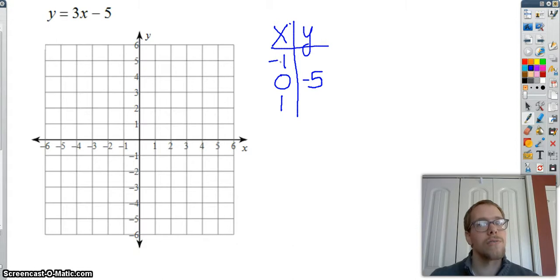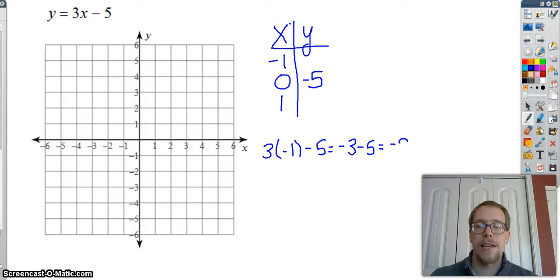So let me substitute -1 into this expression here. So 3 times -1 minus 5, well, 3 times -1 is -3. Take away 5 more, that gives us -8. All right, if you notice, my coordinate plane doesn't go down to -8, so I'm going to have to extend this just a little bit. And let's see if I can draw a line that's a little better than that one.